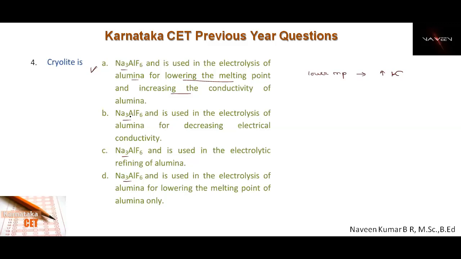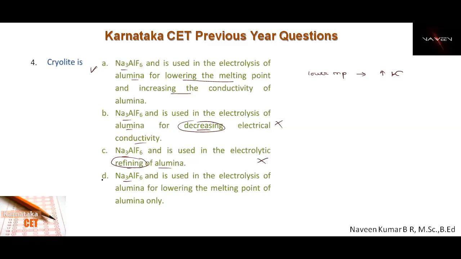Now we'll analyze the other options also. Cryolite, that is Na3AlF6, is used in electrolysis of alumina for decreasing electrical conductivity. So this is wrong. Na3AlF6 is cryolite and is used in the electrolytic refining of alumina. We are not considering this, as it is electrolytic reduction of alumina.